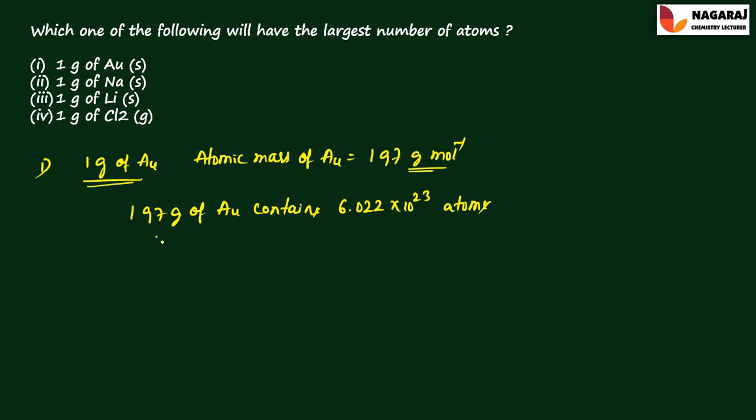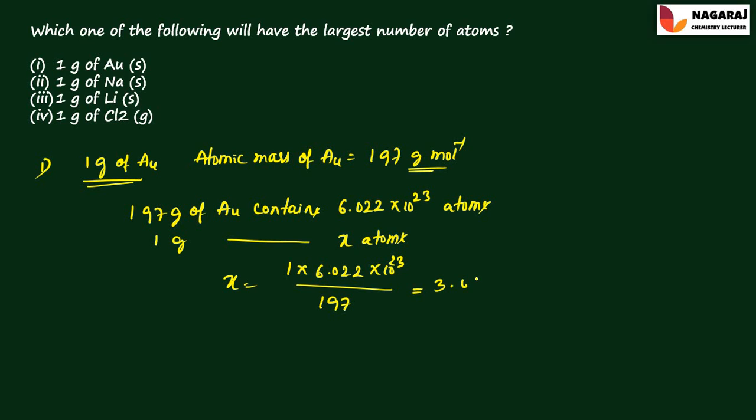So we have to calculate how many atoms are there in 1 gram of Au, that is X atoms, right? So X is equal to 1 into 6.022 into 10 to the power 23 divided by 197. So on simplification it gives 3.057 into 10 to the power 21 atoms.